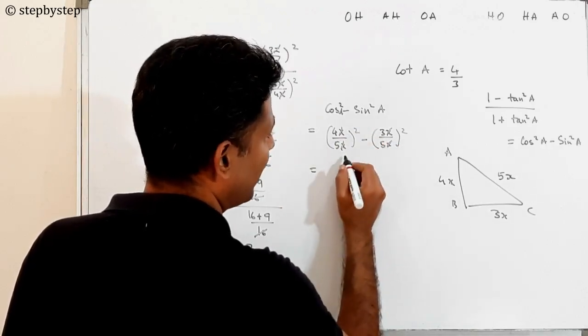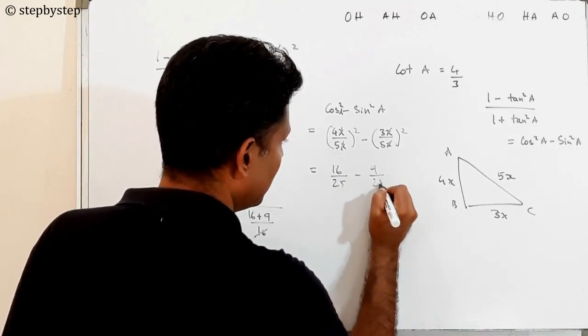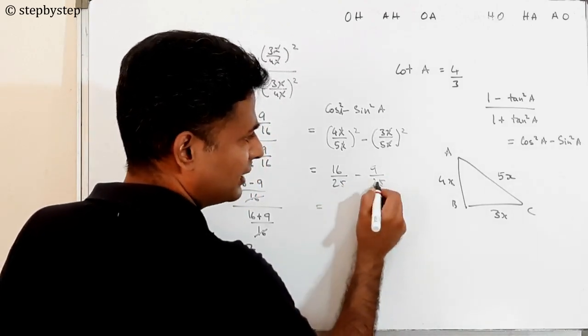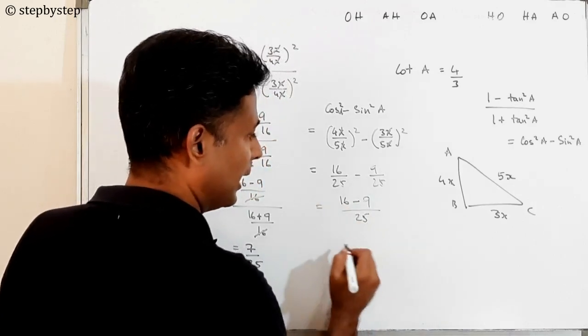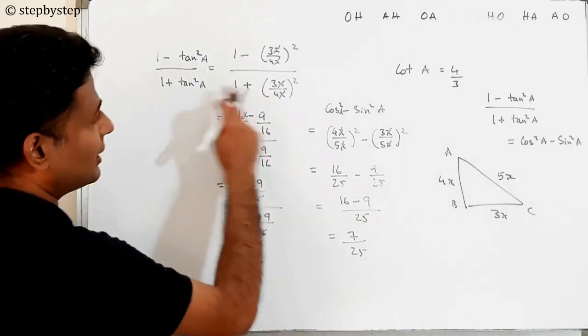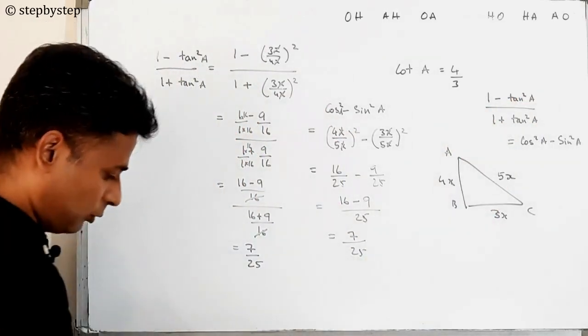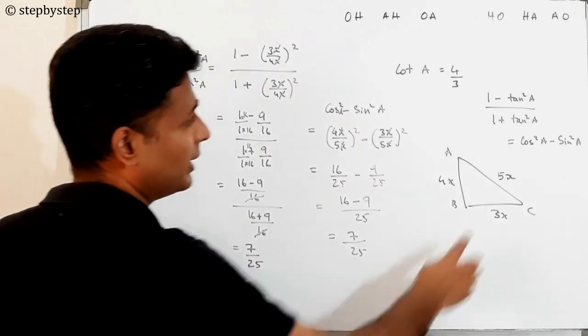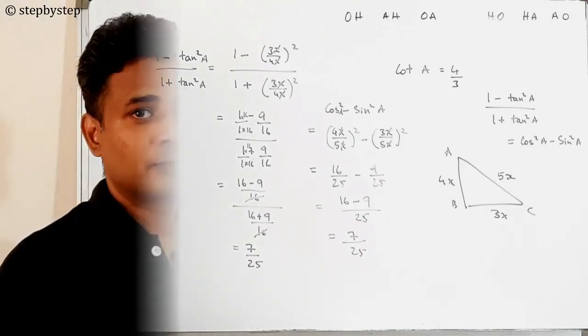We get (4 by 5) whole square, that is 16 by 25 minus 9 by 25. LCM is 25 itself because both are the same. So we get 16 minus 9, which is 7 by 25. So we got this equal to this. So yes, 1 minus tan square A by 1 plus tan square A is equal to cos square A minus sin square A.